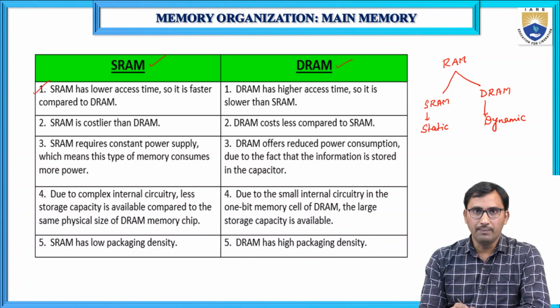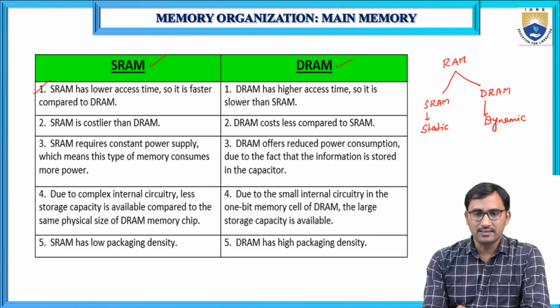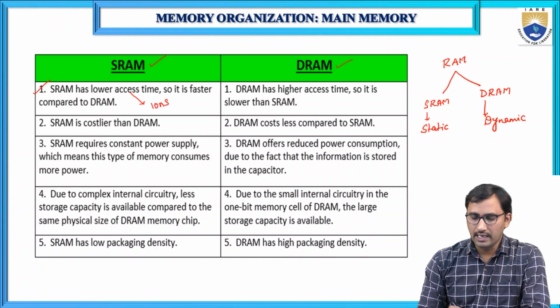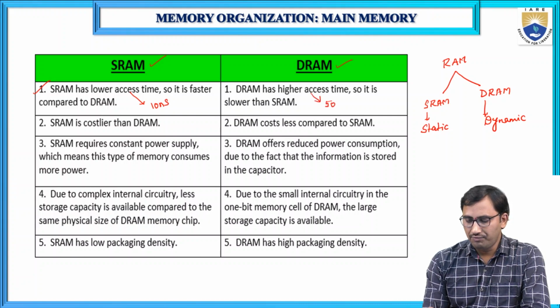First one, SRAM has lower access time, so it is faster compared to the DRAM. That's why its speed is higher when you compare with the DRAM, because the access time of the SRAM is 10 nanoseconds, whereas the access time for the DRAM is 50 to 150 nanoseconds.